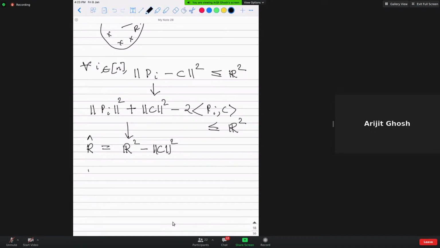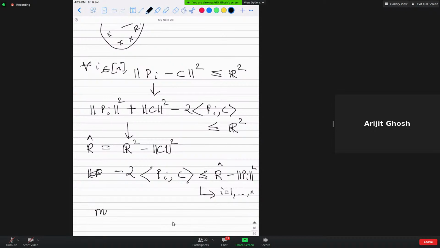We get minus 2 p_i·c less than or equal to R hat minus ||p_i||^2, and we have n equations like this, as i goes from 1 to n.